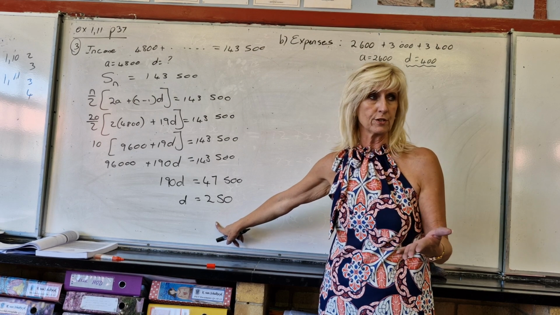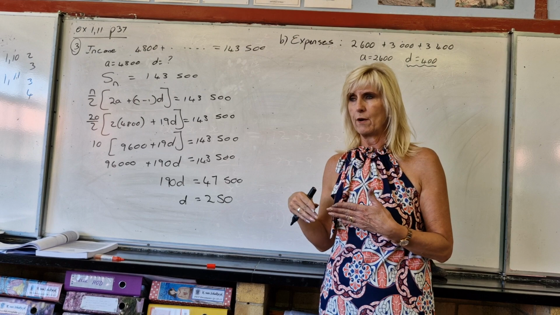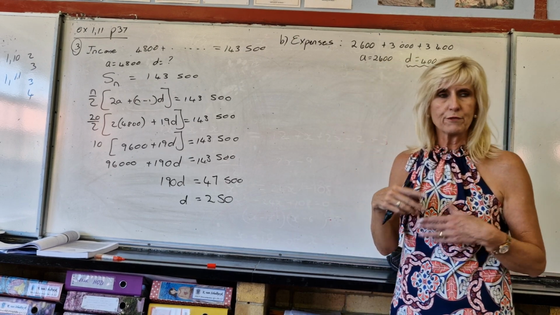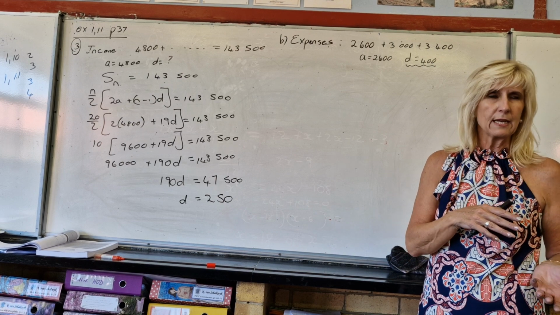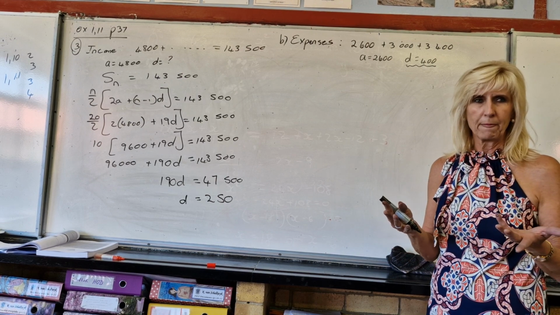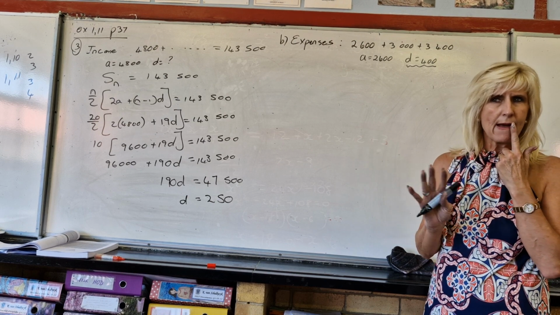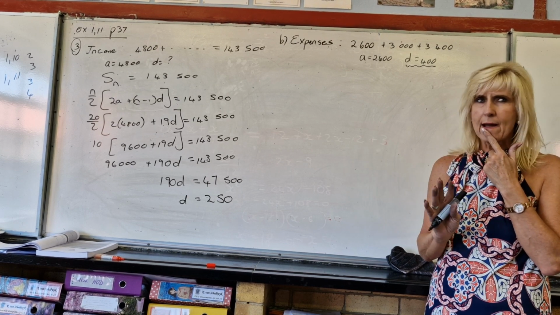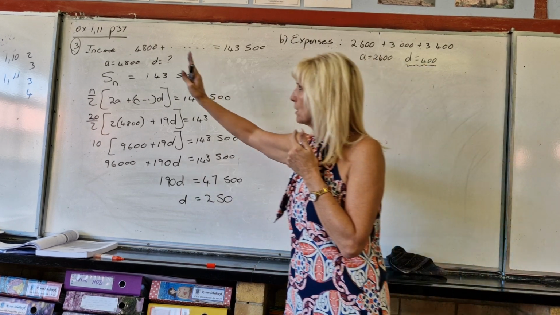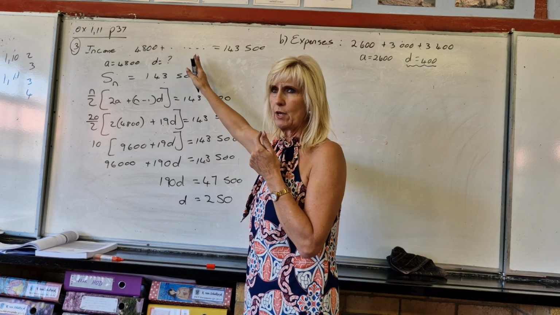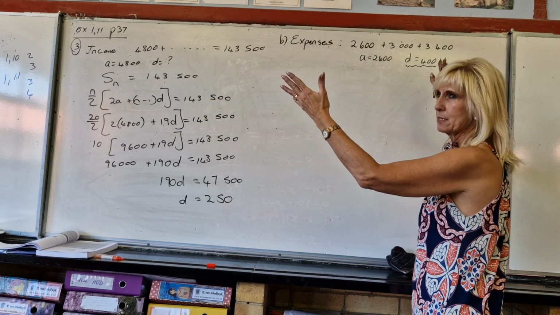So at some stage, the expenses are going to be more than the income, and this is what they want to know: after how many years will his expenses be more than his income? What they're looking for is N. N of what? Of the Sn. In which year? This is year 1, year 2, year 3, income and expenses.